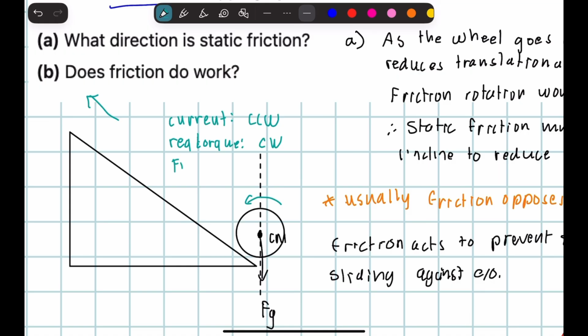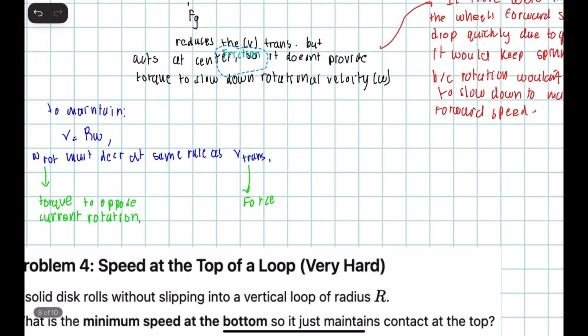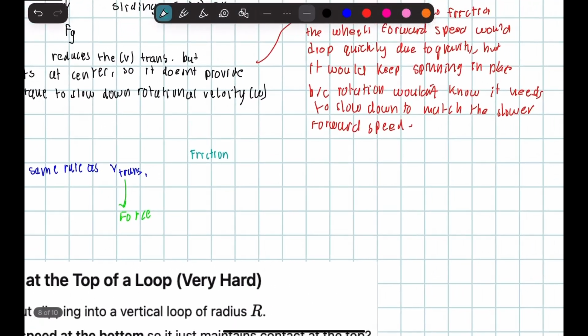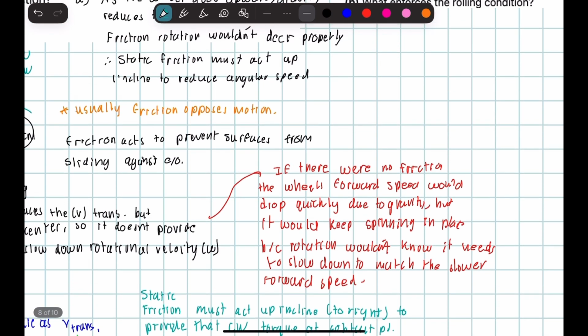Therefore, static friction must act up the incline to the right to provide that clockwise torque at the contact point, so it will reduce the angular speed.